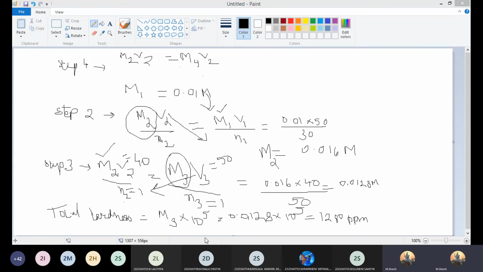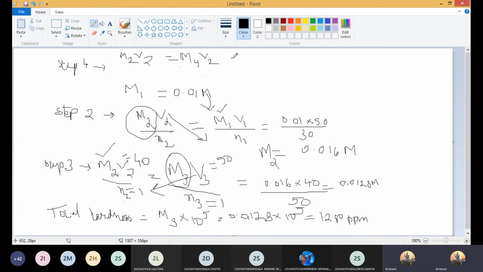Again, you have to read the question. What is the continuation of the question? 50 ml of hard water on boiling and filtering requires 30 ml of the EDTA on titration. Calculate temporary, permanent and total hardness. So accordingly, substitute the values here.